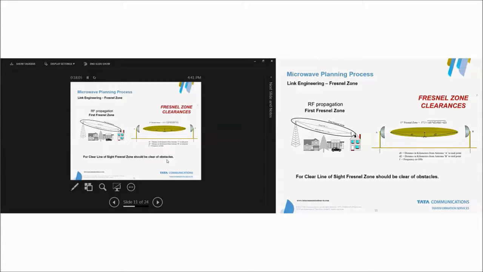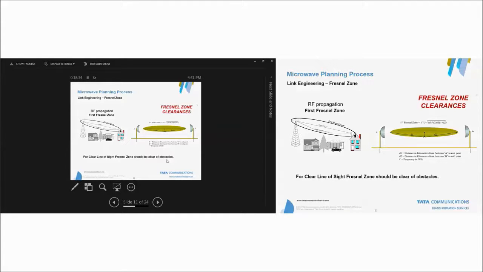Here d1 denotes the distance between site A and the place where you are standing, d2 is the distance between the place where you are standing and site B, and f is the frequency which you are going to install for this microwave. As I said earlier, for a clear line of sight, the Fresnel zone should be clear of any obstacles.